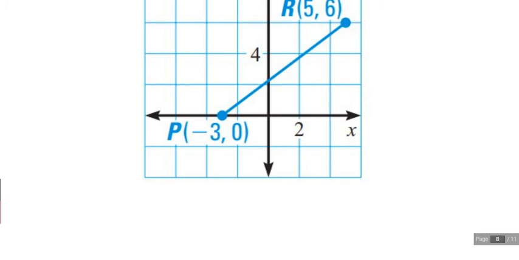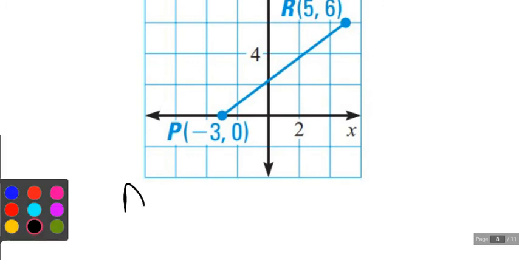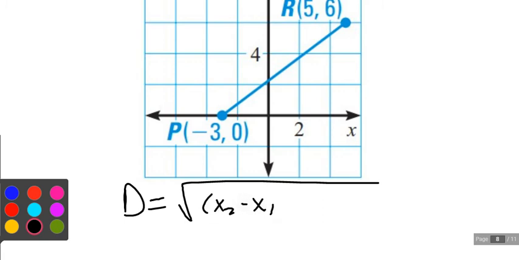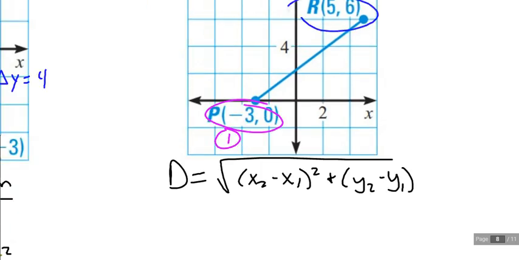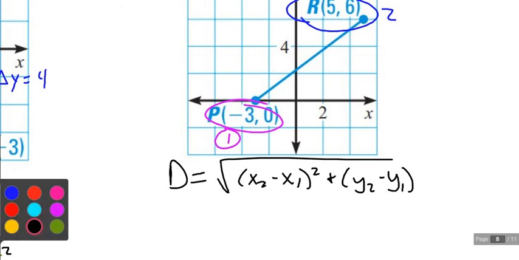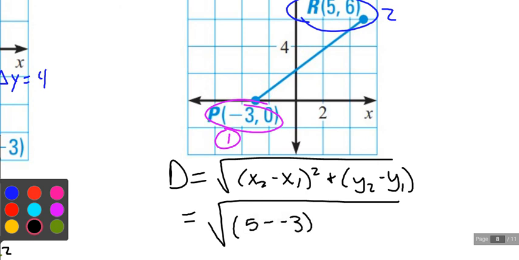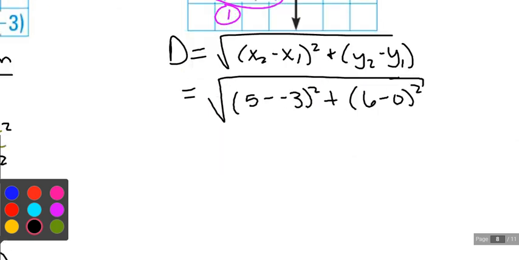So d is equal to the square root of x2 minus x1 squared plus y2 minus y1 squared. I'll call this my first point, and I'll call this my second point. When I'm substituting into the equation, my x2 minus x1, x2 will turn into 5, subtract negative 3. y2 will turn into 6 minus 0. 5 subtract negative 3, that's the same thing as 5 plus 3, that's 8.